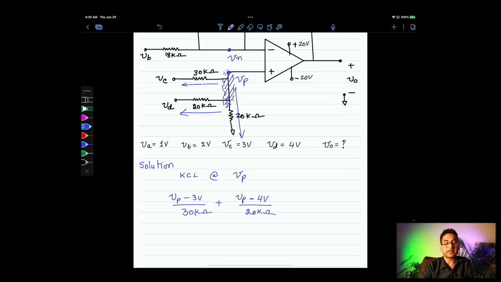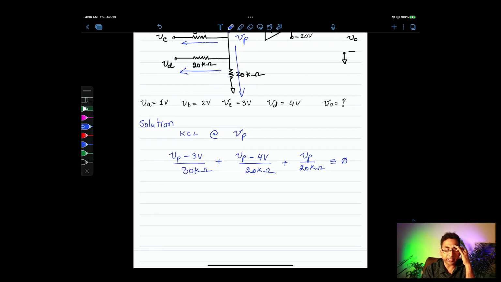All of that is the same node. So let's not forget the third branch as well. The third branch current going down is Vp minus 0, because this is connected to ground, divided by 20 kilo ohms. According to Kirchhoff's current law, all the currents leaving, if you add them up, equal 0.